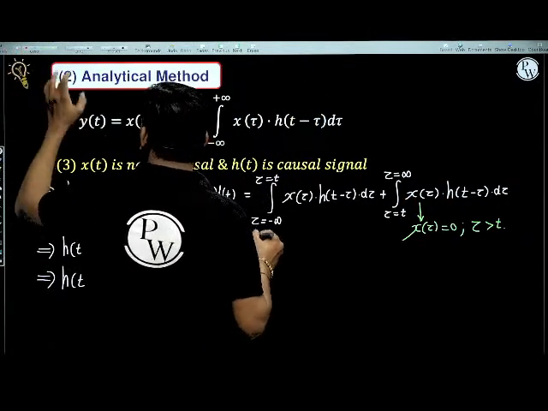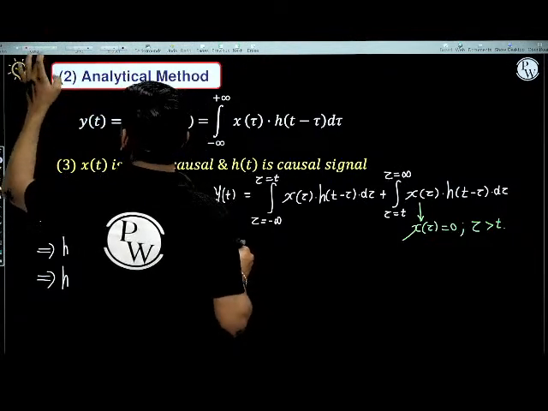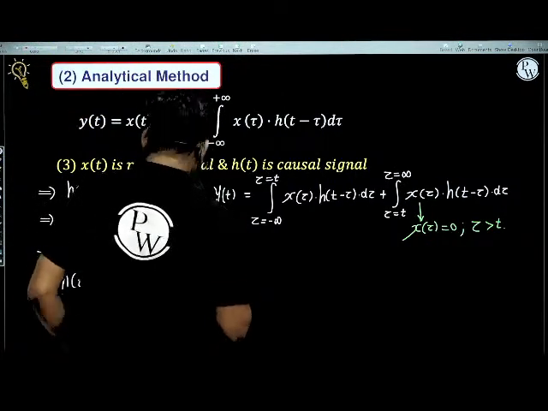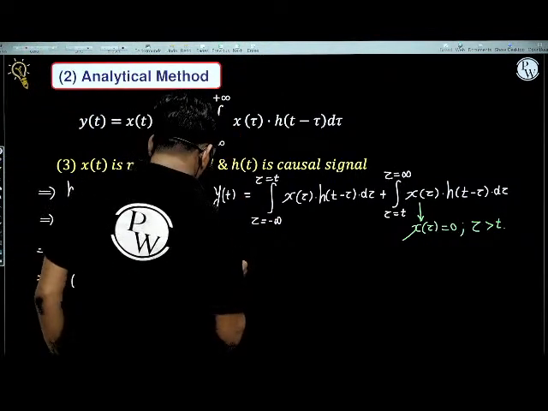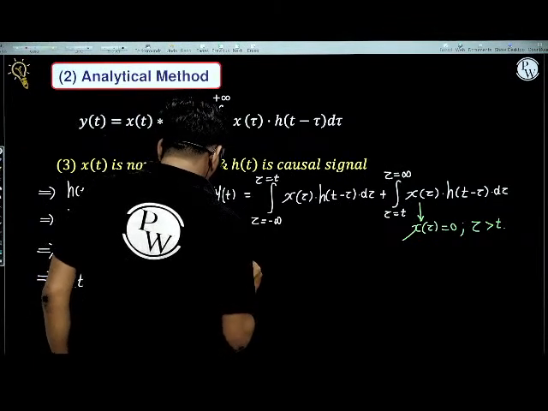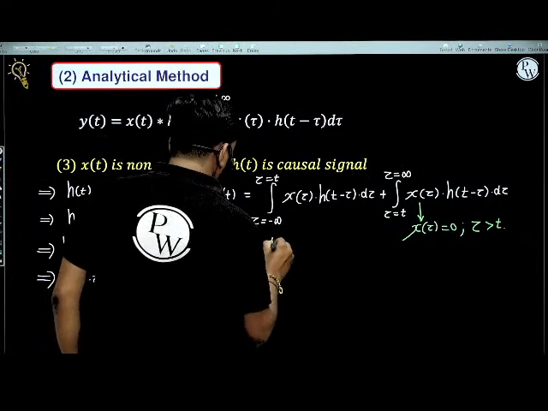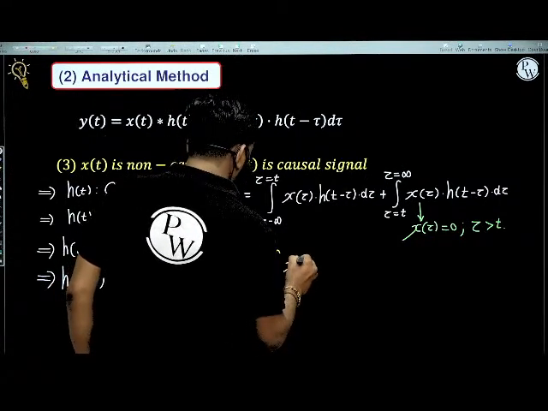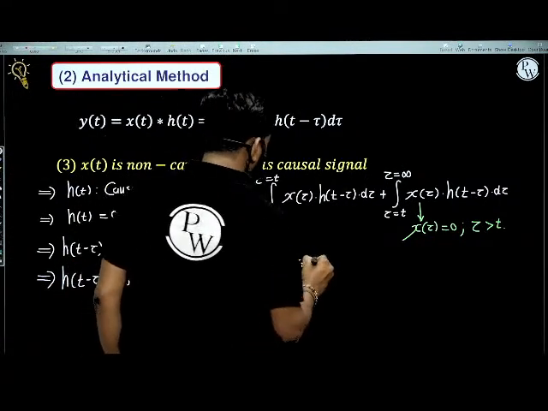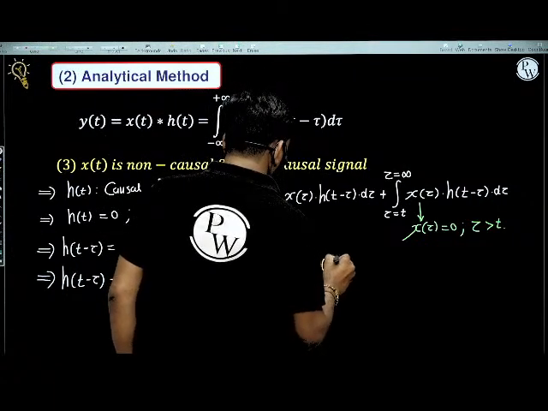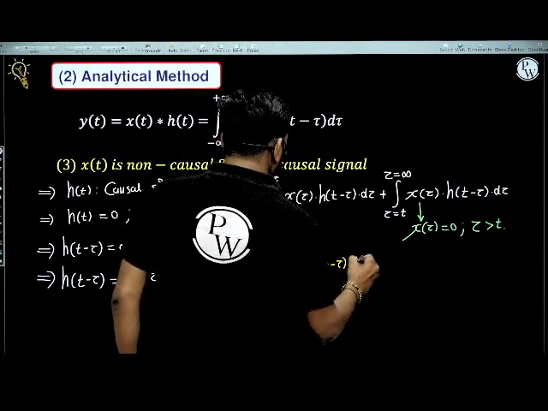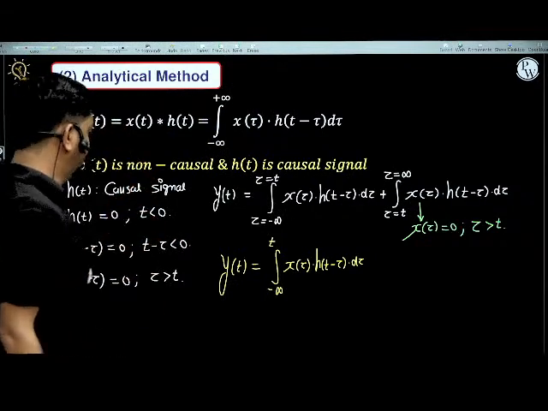So y of t will be integration from minus infinite to t of x of tau into h of t minus tau d tau. So we can see here there is a change in upper limit.